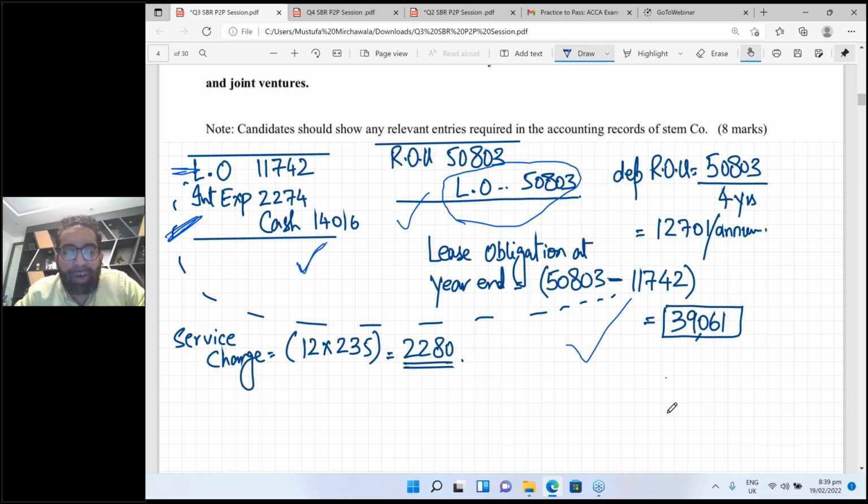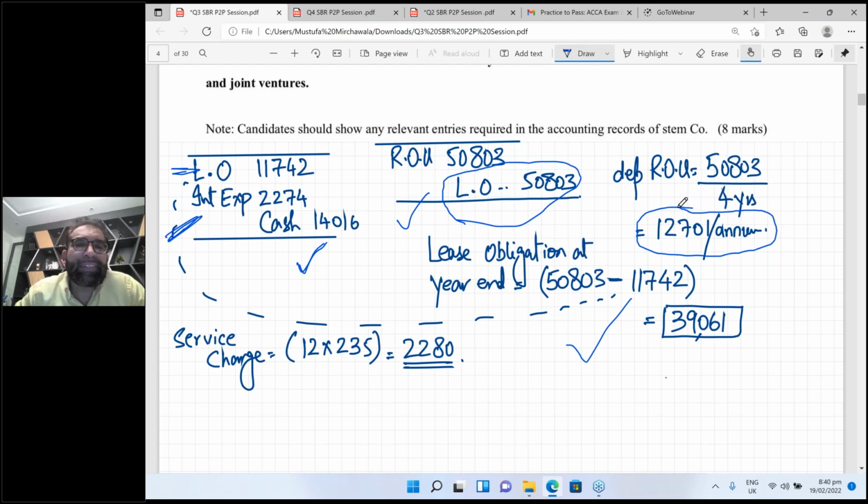Okay, so almost the whole story is here. One thing I have not written, I'll show you that working as well. Just tell me, my dear students, what was the ROU on day one? The ROU was 50803. And by the end of the year ROU is depreciated by how much? 12701.